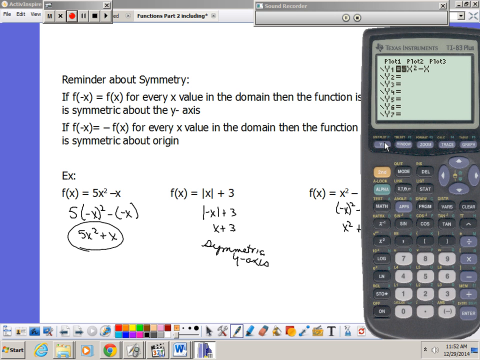And if we put in math, num, abs for the absolute value of x plus 3, and we graph that, we look at symmetry at the y-axis, you can see that both sides are running the same. 3, here's the center, 3.5, 3.5, 4, 4. So we're good on that one. That's symmetric to the y-axis.